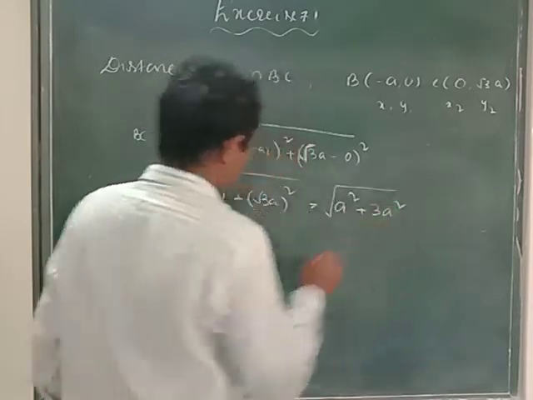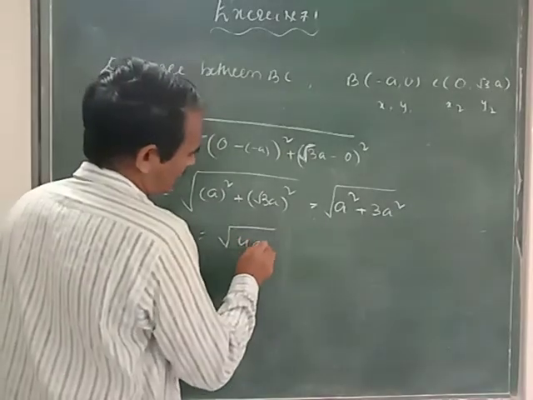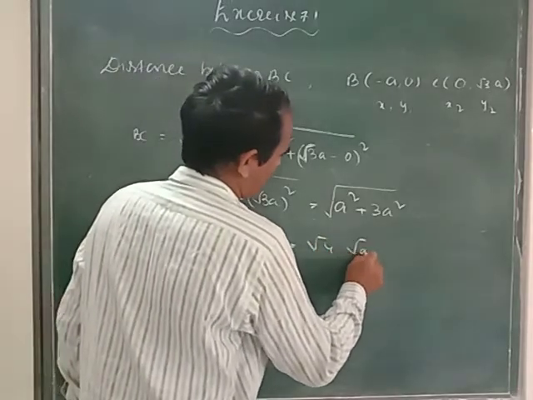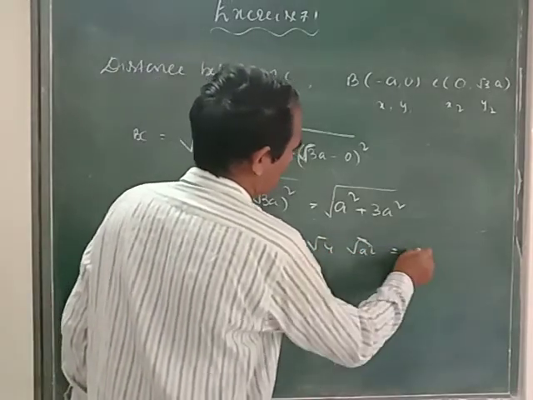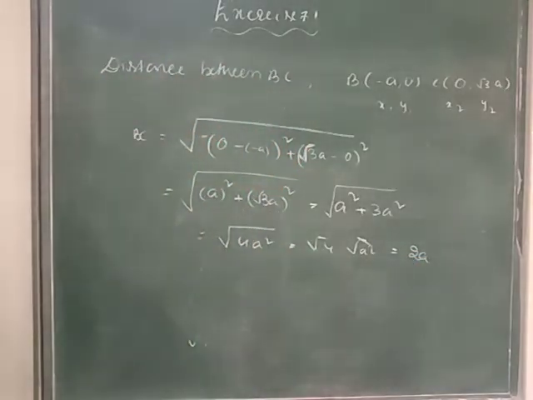Root over 4a square, that is root 4 into root a square. Root and square cancel, root 4 value is 2, so 2a. Now BC is also 2a. Actually, what you have to prove? AB is equal to BC is equal to CA. The three sides are equal. It is an equilateral triangle. You know that. Are you clear?